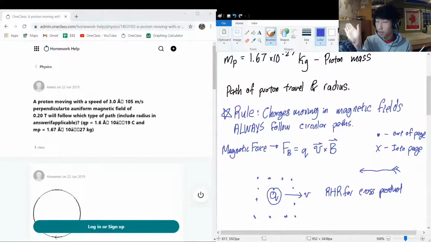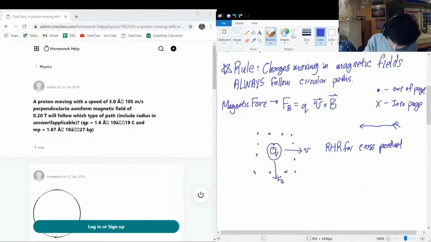Our palm is going to go towards the B field, in this case out of the page. And our thumb is going to be in the direction of the result. So in this case, the result would be down this way. FB.